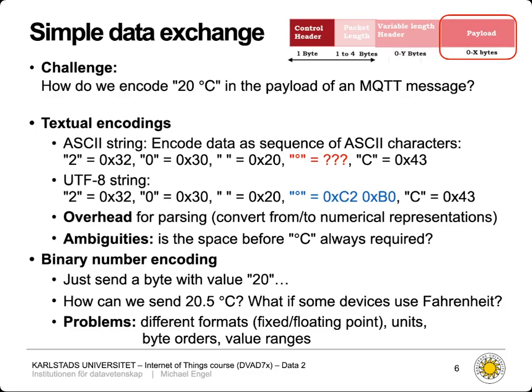So for each of these characters, so a character with the digit 2, a character with the digit 0, a space character, and so on, we can look up the respective hexadecimal encoding in an ASCII table, and then we see, okay, a digit 2 has the hexadecimal value in ASCII of 0x32, a digit 0 has the hexadecimal value of 0x30, a space character has the hexadecimal value of 0x20, a degree character is not encodable in ASCII because in regular 7-bit ASCII there is no encoding space for a degree character.